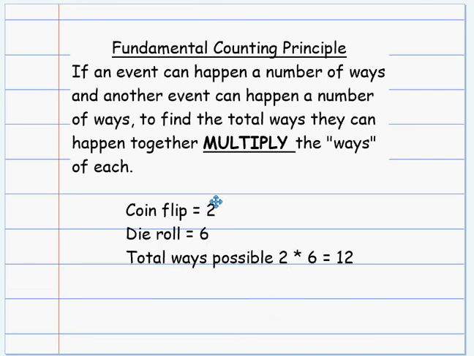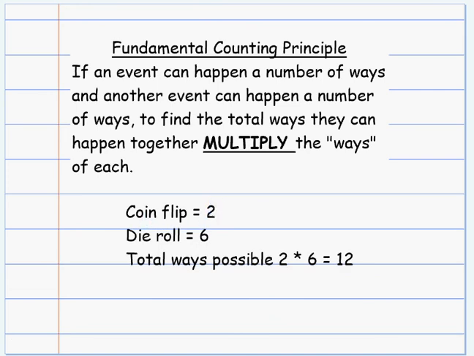We just did this. How many ways can a coin flip occur? Okay, you either get heads or tails, right? And on a die roll, you get the numbers 1 through 6, so there are 6 different ways that can happen. So for the total ways possible, you multiply those together: 2 times 6 equals 12.